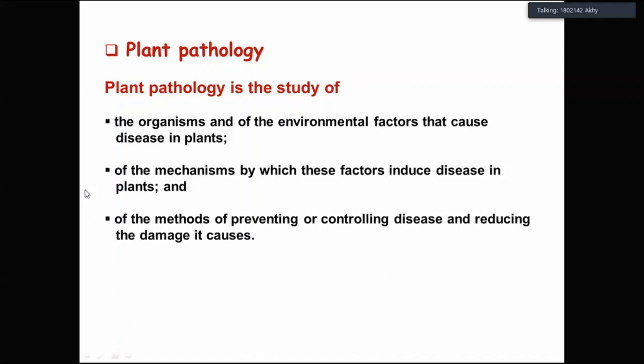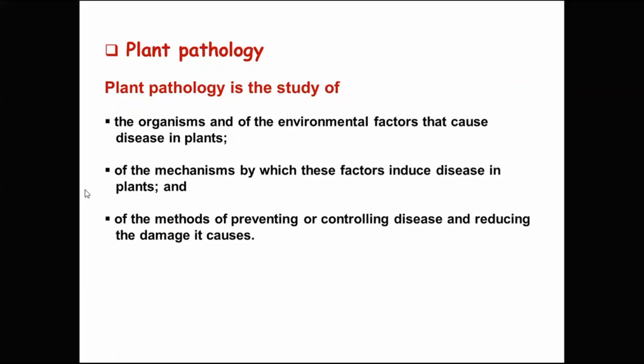Plant pathology is the scientific study of disease in plants caused by pathogens and environmental conditions. Okay, so three things. You don't need to recite it like a poem, just recap three things.